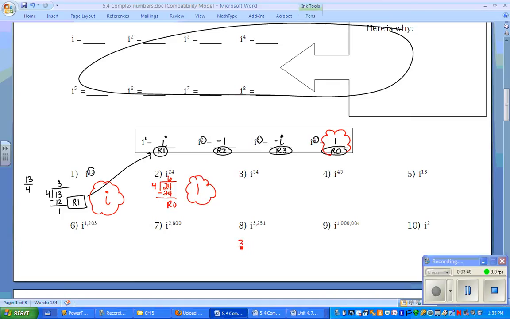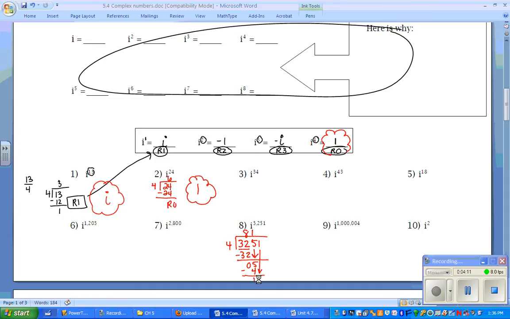Even with larger exponents, we're trying to figure out how many times does 4 go into 3,251. First, we can figure out it goes into 32 8 times. When we subtract, we don't get a remainder. We have to drop our 5 down. 4 can go into 5 once. 1 times 4 is 4. This time we get a 1.